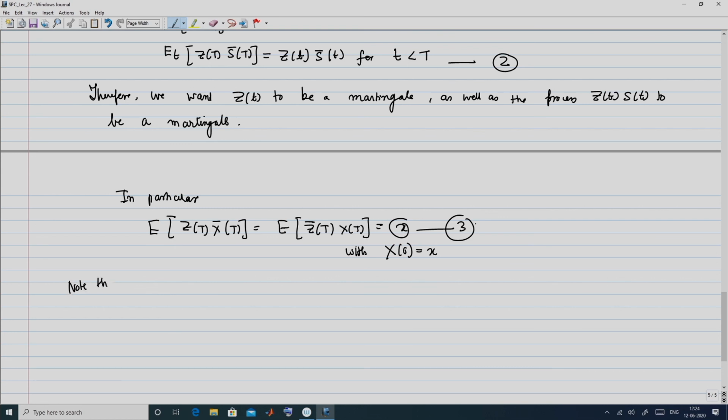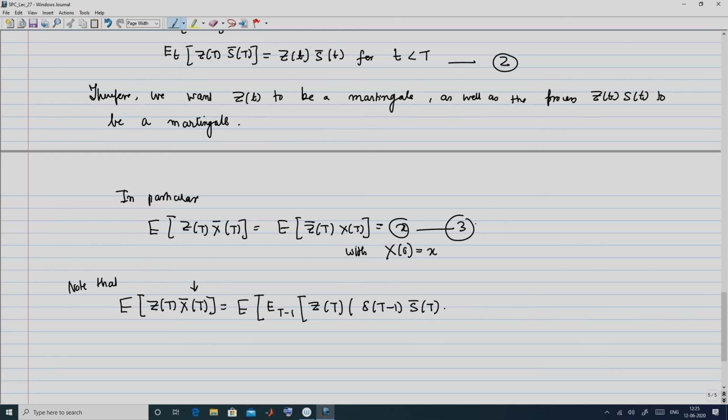Now, we note that the expected value of z of t into x bar of t is going to be the expected value of t minus 1 into z of t into x bar of t. So, this is going to be delta of t minus 1 into s bar of t. I am basically writing the discounted wealth process.